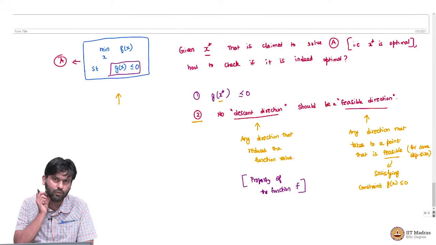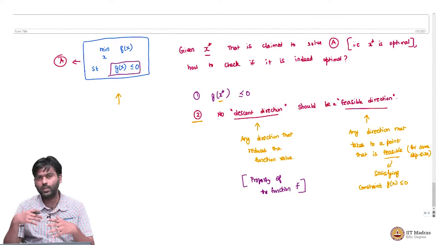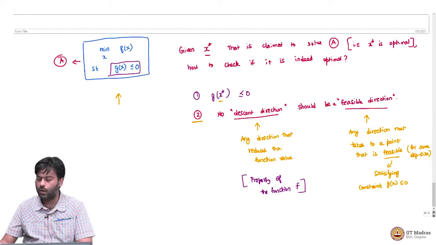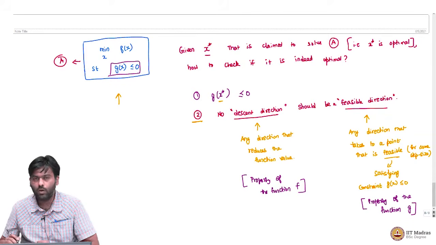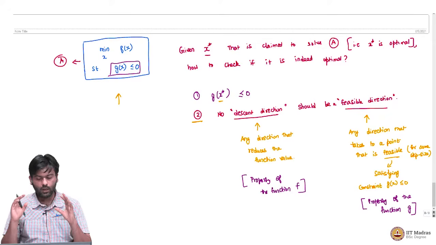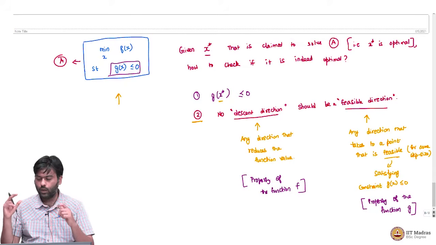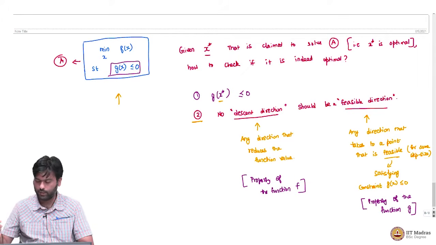So, when I say property, it depends on the function f. g does not play a role at all in determining if a direction is descent or not, because we only care about directions which reduce the function's value, whereas a feasible direction is a property of the function g, because the feasibility is only determined by g of x less than or equal to 0; the function f does not come into the picture at all. Now, the question is, how do I formalize no descent direction should be a feasible direction mathematically, right. So, this is what we are going to do next.